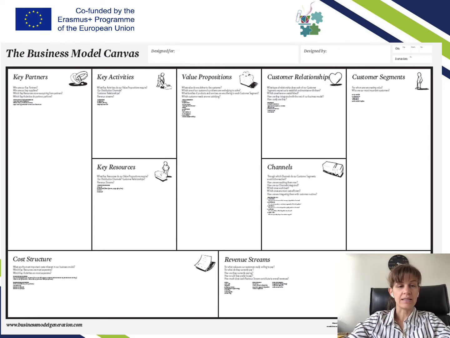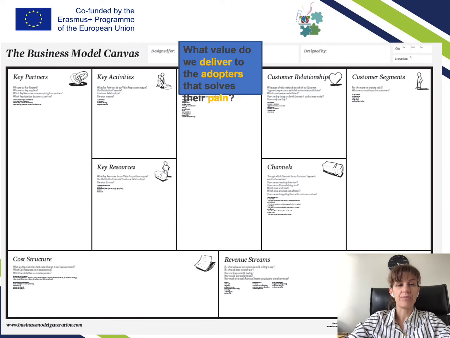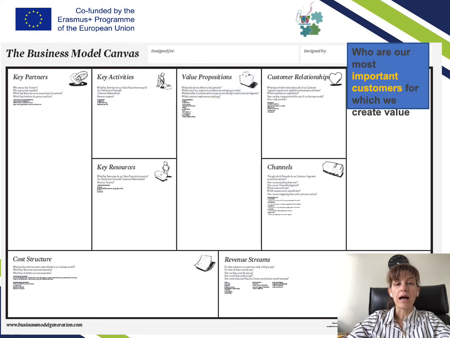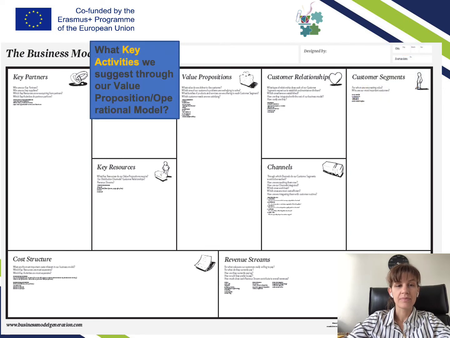More analytically, the canvas depicts what value do we deliver to the adopters that solves their pain. Who are our key partners and the suppliers, and what they give us. What key activities we suggest through our value proposition or our operational model.